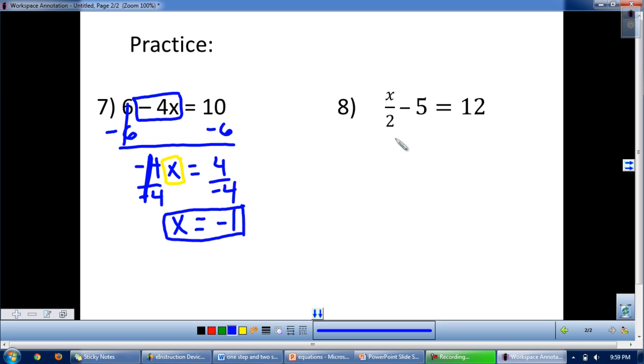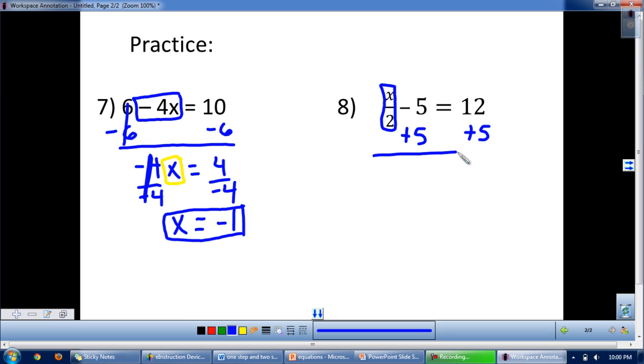Alright, let's go to number 8. First step, you got it. We are going to box our term with a variable. That's the last thing that we want to worry about. Next, we need to find the reverse operation for subtracting 5, and that is adding 5. We want to keep the scale balanced, so whatever we do to one side, we must do the same thing on the other side.